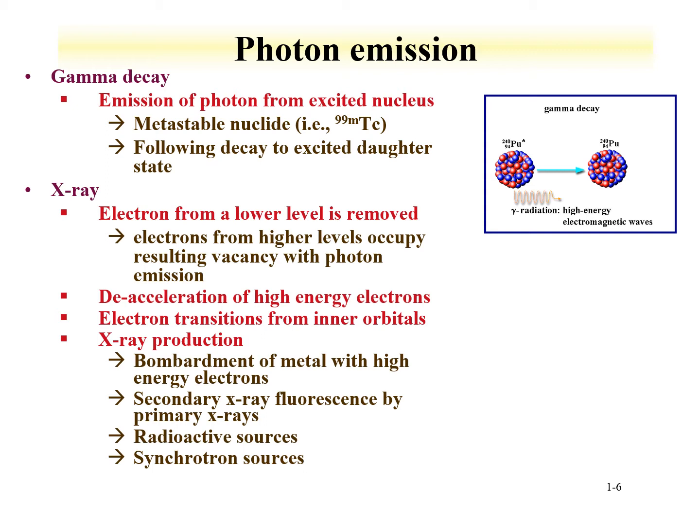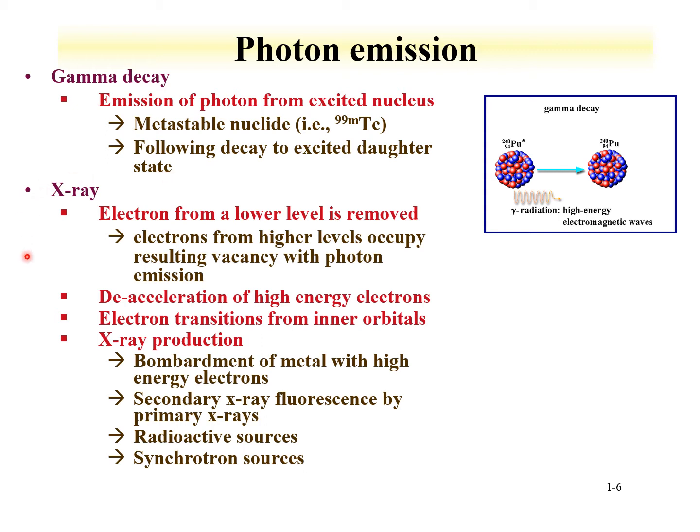It may decay to an excited nuclear state. That nuclear state often has a lifetime on the order of nanoseconds to picoseconds. However, something that is metastable has a much longer lifetime, can be hours, can even be years. For instance, technetium-99m is on the order of 6 hours. And it will stay in this excited state, then decay by emission of a photon.